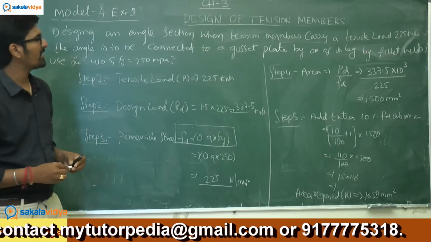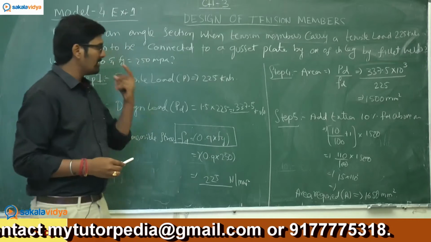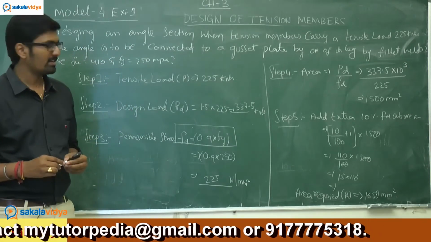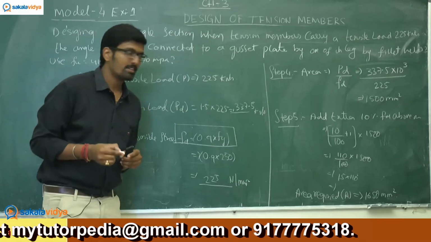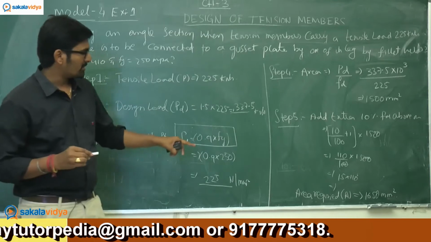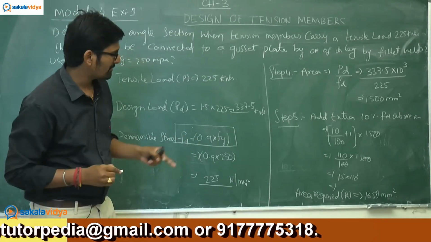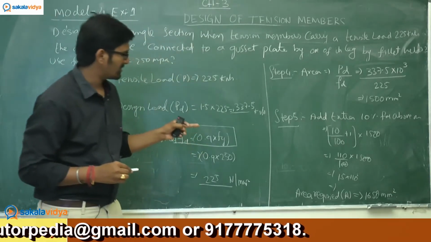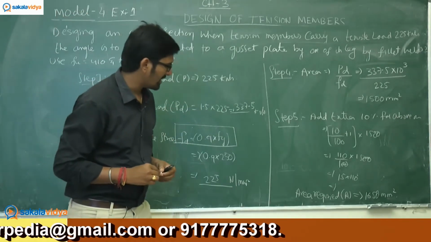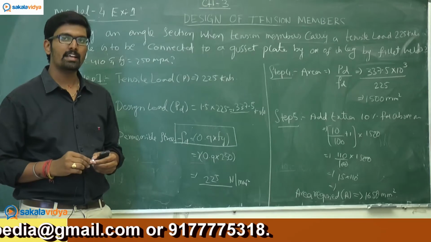Step 4, area is equal to design load by permissible stress, which gave 1500 mm square. Step 5, for safety purposes we take extra 10%, that is 110 by 100 into 1500. The area required here is 1650 mm square.